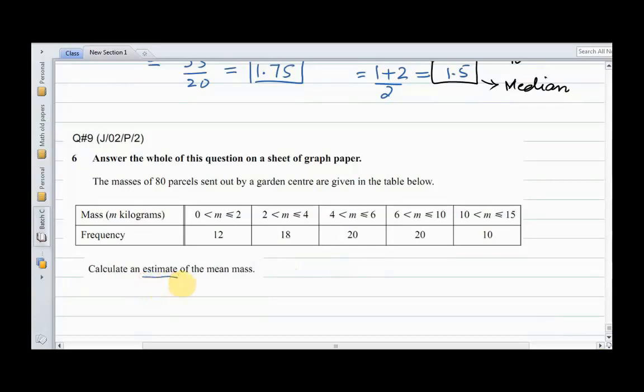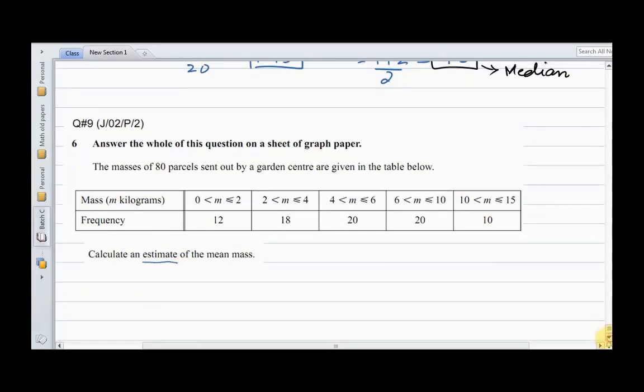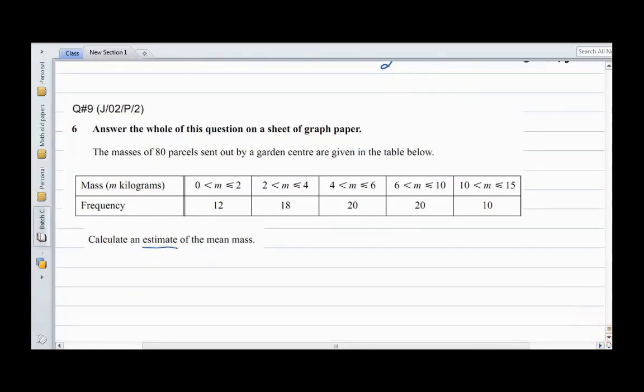Now keep in mind how we find an estimate. If you have forgotten it, let me remind you. For the estimation of mean mass, first step, you need to find the middle value. And this question comprises 3 marks in your CAIs, and 3 marks is a good mark in your paper, right?